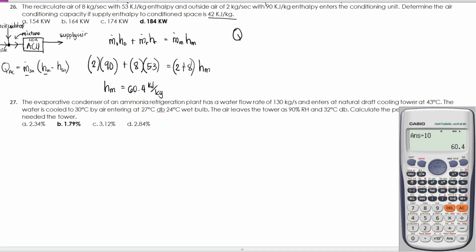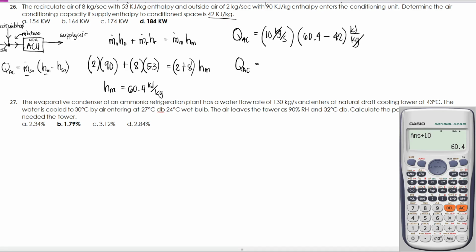So, mako-compute na natin yung cooling capacity ng AC unit. So, mass of supply air is 2 plus 8 or 10 kg per second times yung 60.4 na enthalpy ng mixture minus 42 na enthalpy ng supply air in kilojoules per kilogram. So, cancel out yung kilograms. So, air conditioning capacity will be in kilojoule per second or kilowatts.